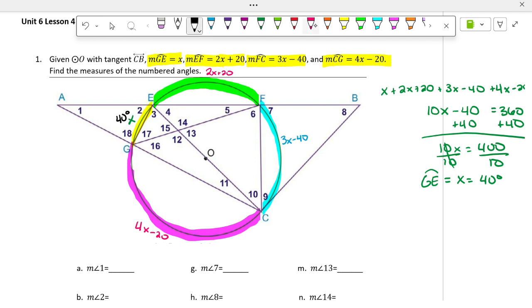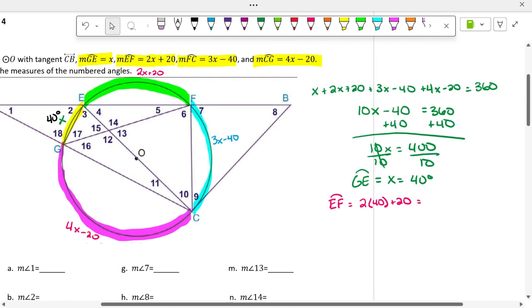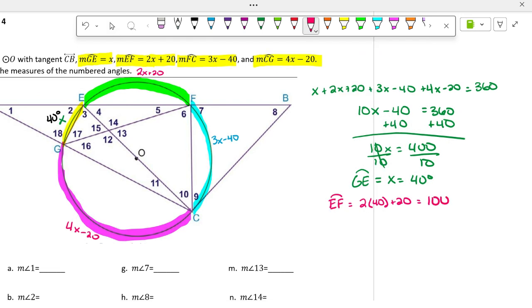Now, to find the other ones, I'm just going to plug back in for x. So I have EF is equal to 2x plus 20. So 2 times 40 plus 20. So that'll be what? 100. So arc EF is 100 degrees. FC, it'll be 3 times 40 minus 40.